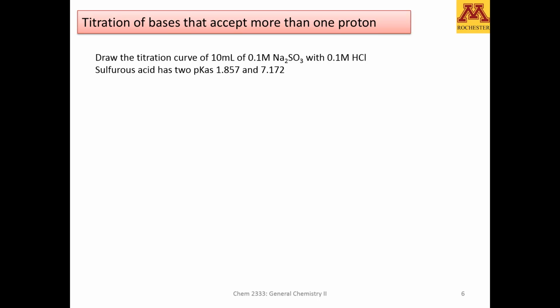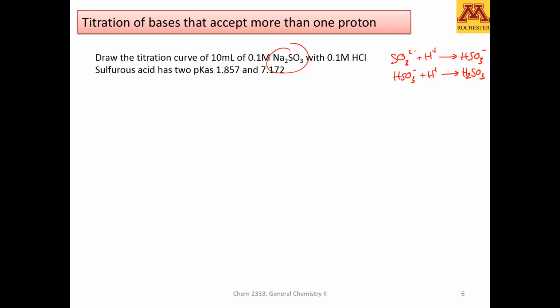In this case, we're going to titrate, instead of a polyprotic acid, the conjugate base of that polyprotic acid. You have sodium sulfate. Sodium sulfate, of course, can accept 2 protons, right? So this would be 1 to become hydrogen sulfate, but hydrogen sulfate can also accept another proton, and that would be sulfurous acid.